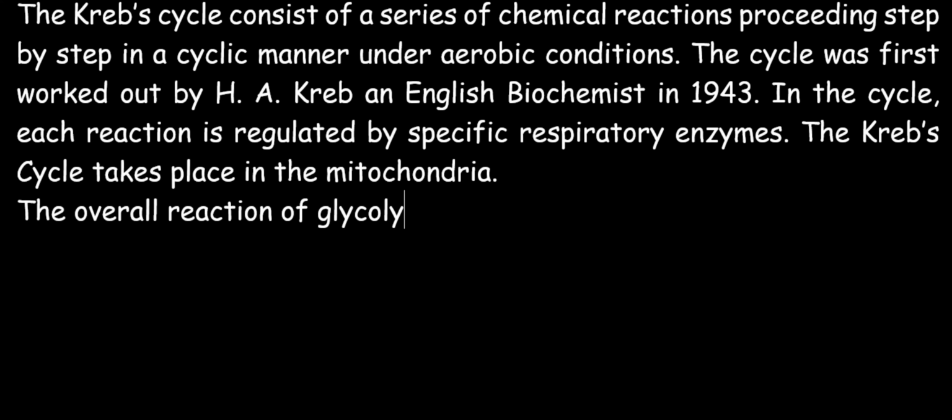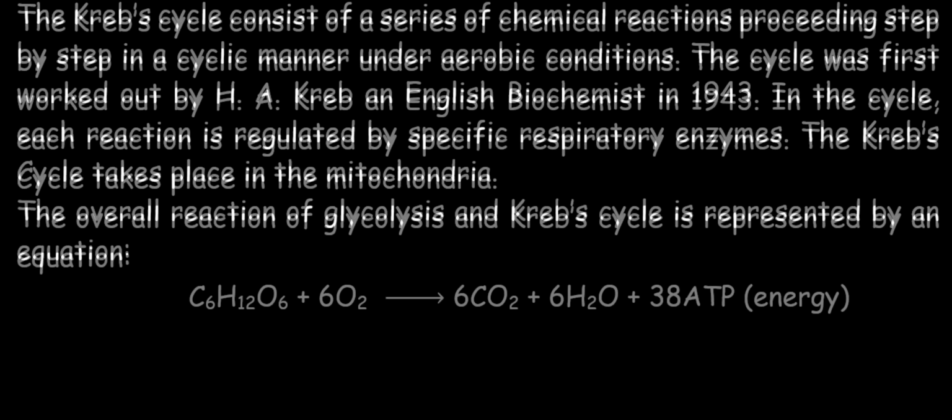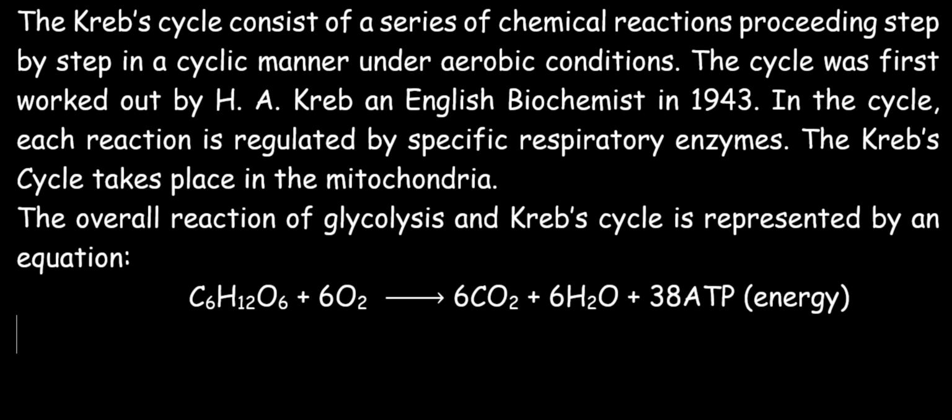The overall reaction of glycolysis and Krebs cycle can be represented by a single equation, and this is given below. So in this equation, we see that the molecule of glucose is oxidized in the presence of oxygen to give 6 molecules of carbon dioxide and 6 molecules of water, releasing 38 moles of ATP as energy.